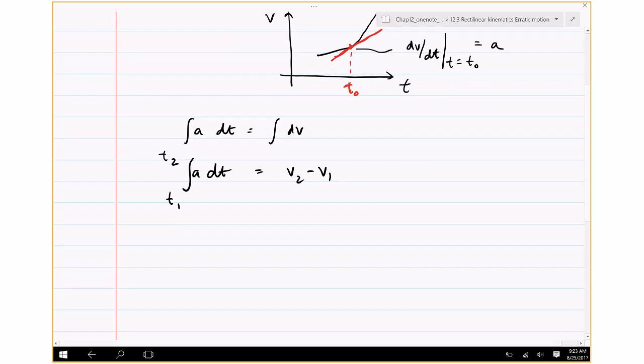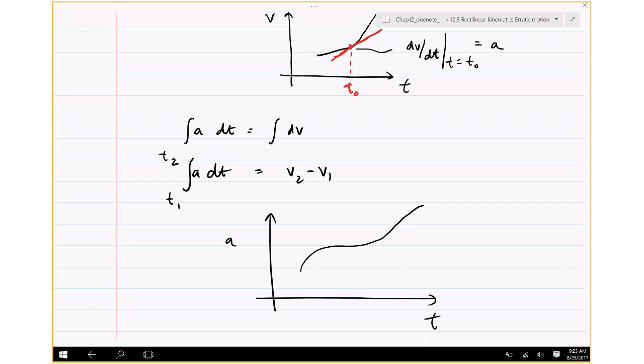I'm going to try to show you what this a dt really means. For that, I need to draw a different curve. This is going to be the curve of acceleration as a function of time. Then a dt: a is the y-axis, dt is the x-axis.